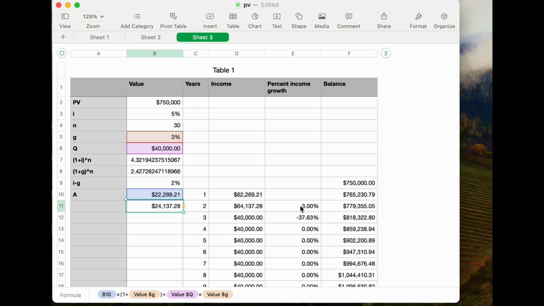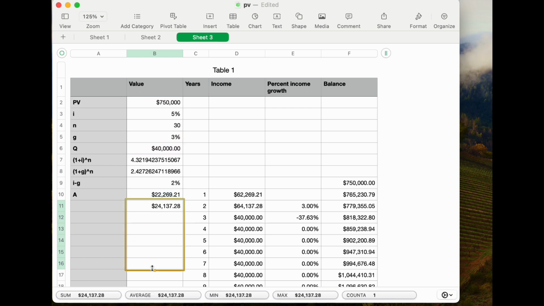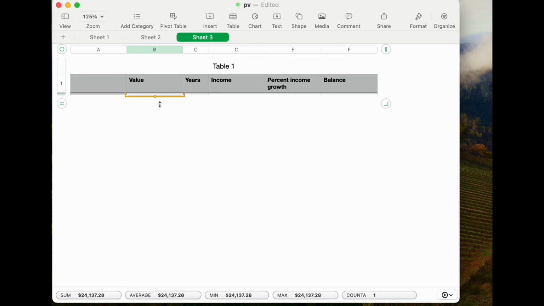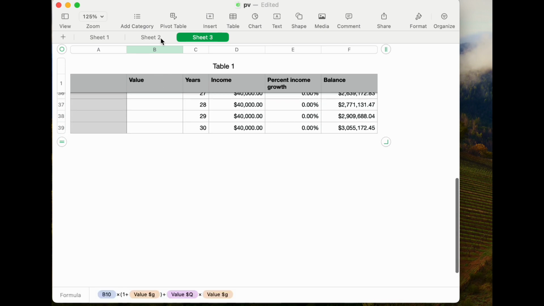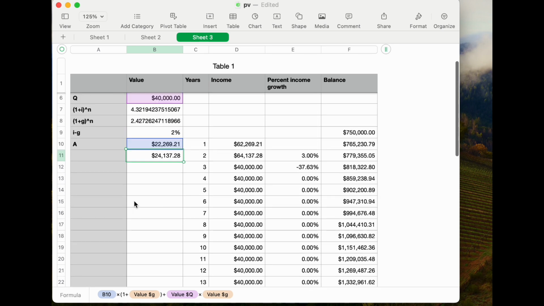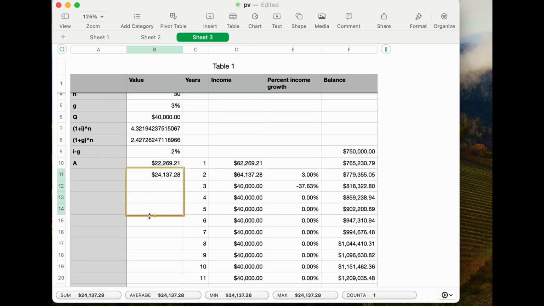And we'll see that as the double check there, that did increase by 3% our total income. Now, if we drag this across the next 30 years, our payment should drop down to zero after 30 years. Our balance should drop down to zero after the next 30 years. So let's drag this down.